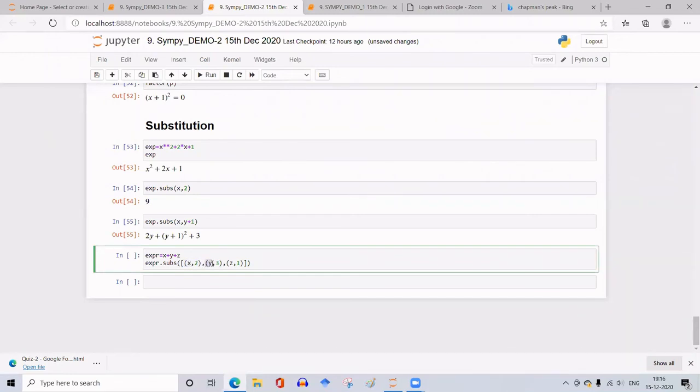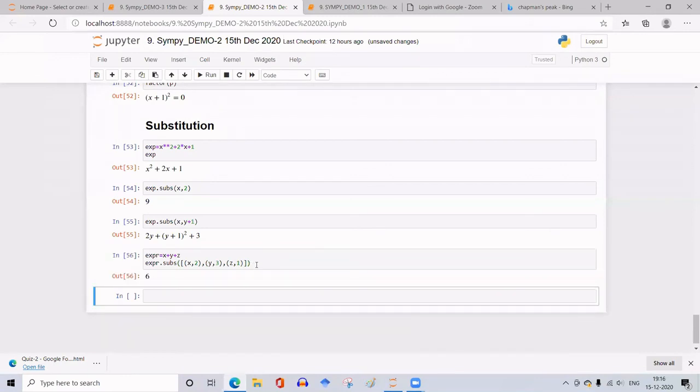The next tuple is y comma 3, substitute 3 for y. The third one is z comma 1, substitute the value 1 for z. So what would be the expression value that I get? 2 plus 3 plus 1, that is 6. If I run that, I must get 6. That is about substitution. Shall I continue?